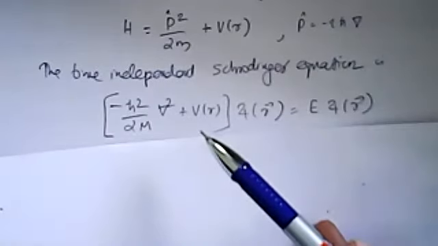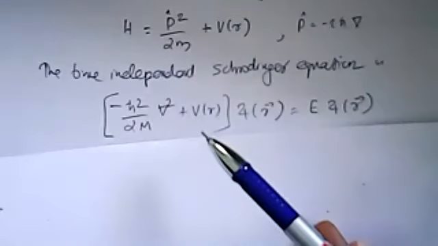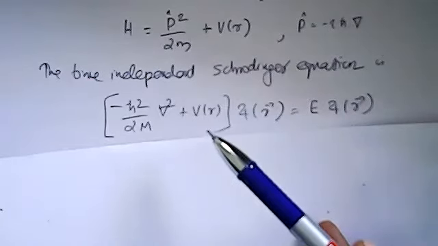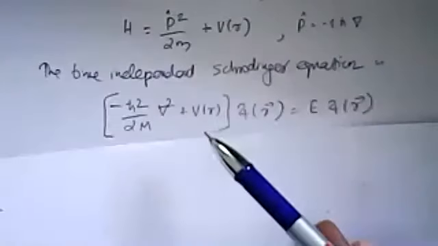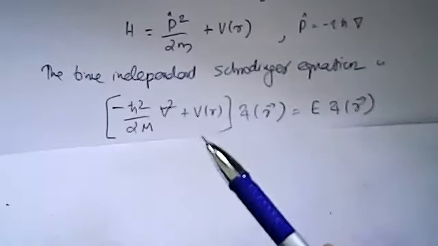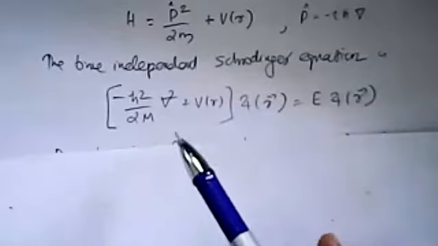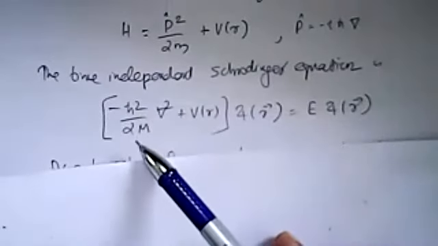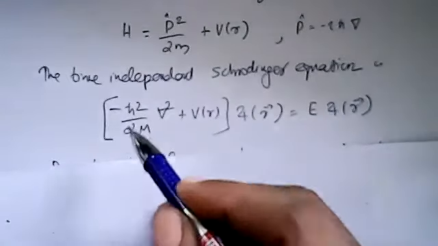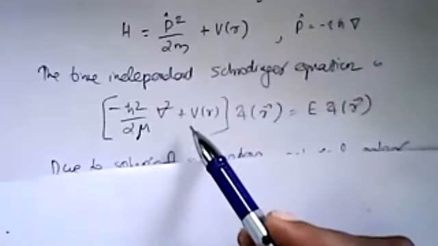Nothing happens to the nucleus. Okay, the nucleus remains the same for a long time. For all ordinary atoms, nothing happens to the nucleus. The potential is time independent. So we have to use the time independent Schrodinger equation, and that is minus h cross square by 2m or 2 mu del square plus V of r.